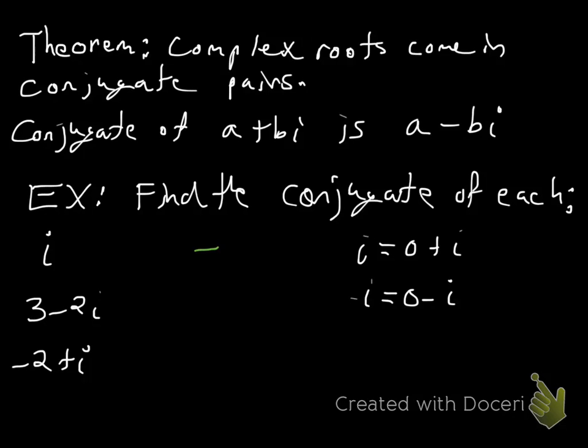Okay, so the complex conjugate of i is negative i. The complex conjugate of 3 minus 2i would be 3 plus 2i. And the complex conjugate of -2 plus i would be -2 minus i. Okay, so the outsides are the same, you just change the sign in the middle.